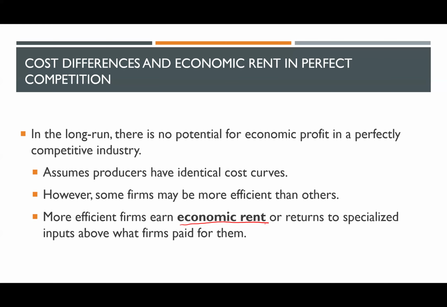The workers in Dalton, Georgia have already been trained. They already know how to do this really well. Whereas in Arizona, the carpet firms need to train those workers from the ground up. So using those workers is much more costly, meaning that they're much less productive given the price that's being paid. So in that example, the factories in Dalton, Georgia that are producing carpet are earning an economic rent.